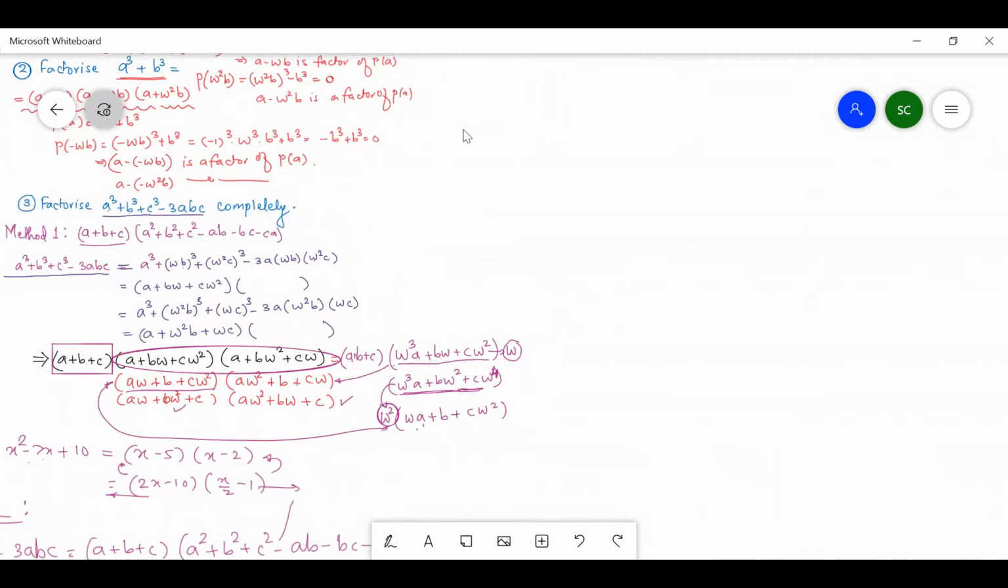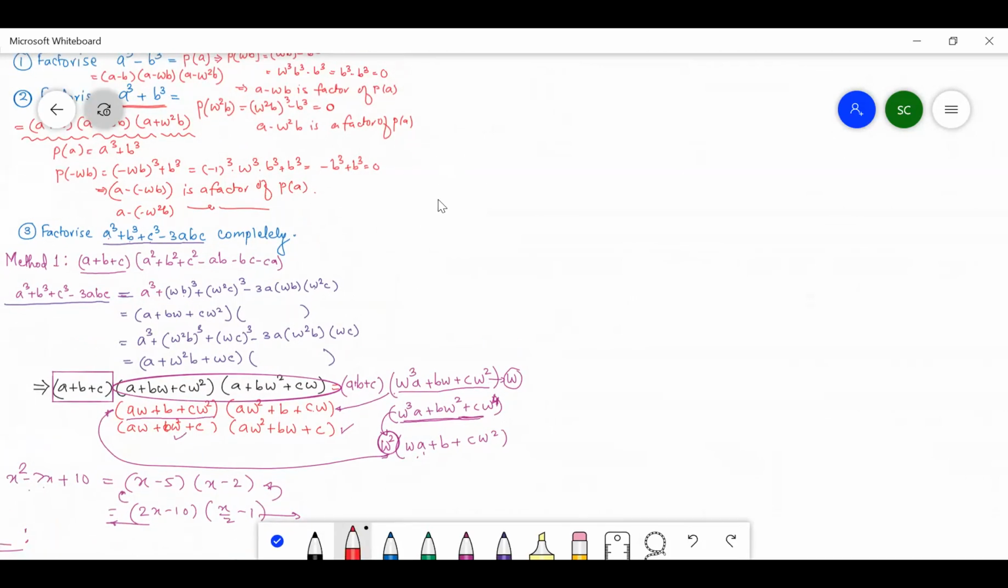So a cube, let me consider this as a polynomial in a, which is a cube plus b cube plus c cube minus 3abc. And I would like to check p of minus omega b minus omega square c.